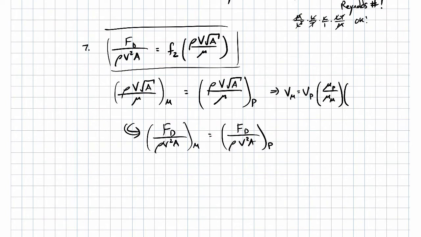Wait a second, do I have this? Let me just double check. I have it the other way around, sorry. It should be the dynamic viscosity of the model over the dynamic viscosity of the prototype. There we go. Density of the prototype all over the density of the model.